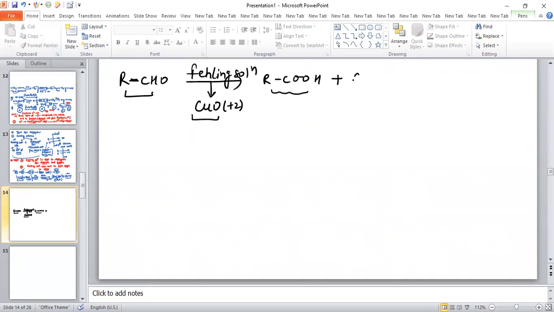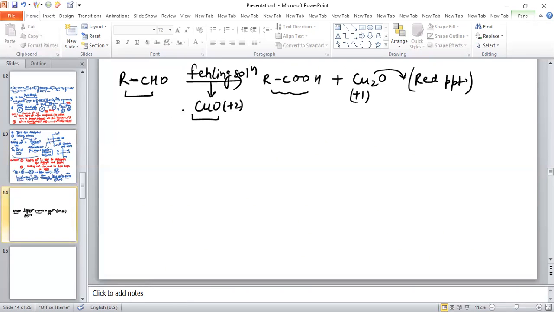After the reaction, this will reduce into cuprous oxide, where the oxidation state is +1. Due to formation of this oxide, a brick red precipitate is obtained after the test.